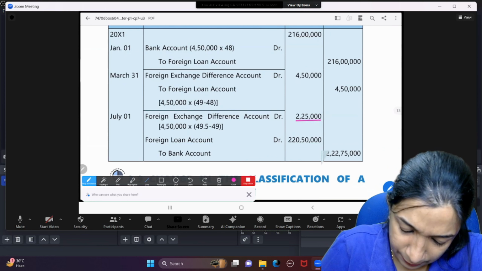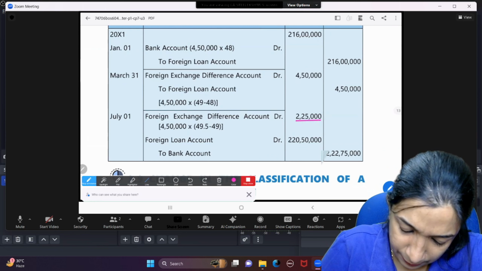Now the NRV has come down to $75,000. $75,000 into which rate should I take? Is it 70? No, 75,000 into the rate on the date of fair value measurement. So you take this as cost and this as fair value. So restate using the rate on the date of fair value measurement.